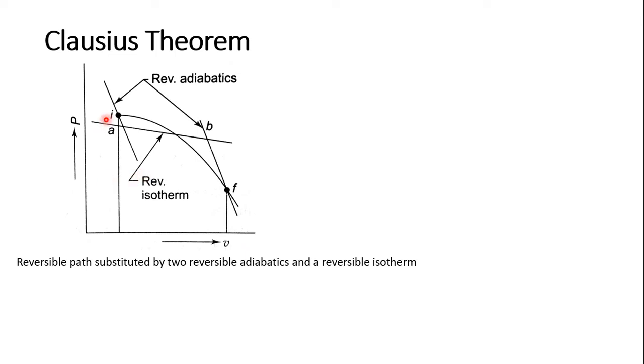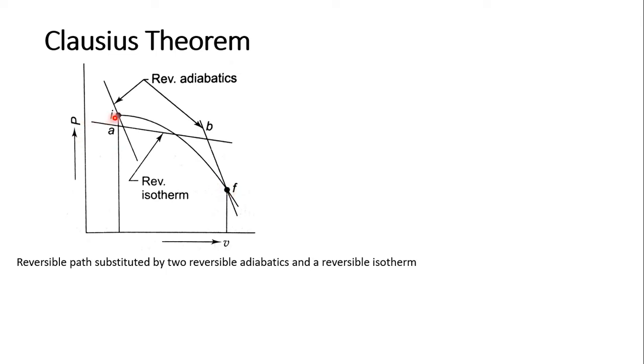A system is initially at an equilibrium state I, and it follows a reversible path and achieves another equilibrium state F.